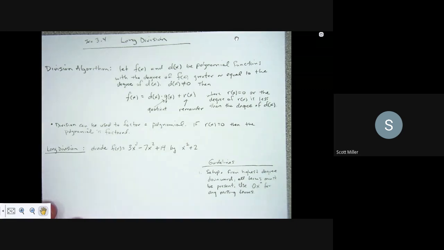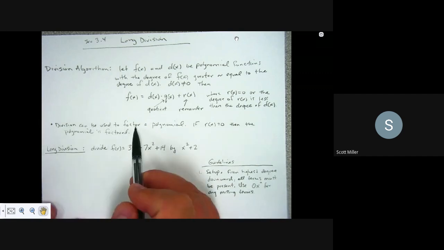Okay. Now, why do we need to know long division of polynomials? What's its purpose? Well, part of what we're going to be doing in this lesson and in this unit is being able to find the zeros of all polynomial functions, and we want to get to a factoring process. And division is basically factoring.